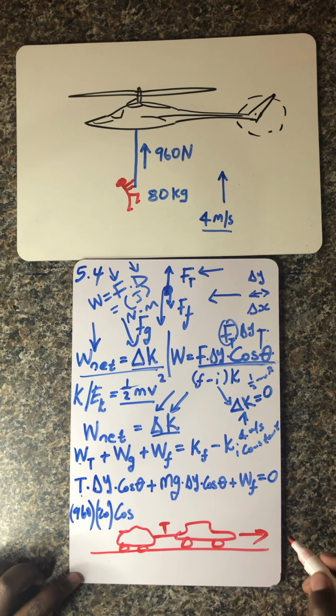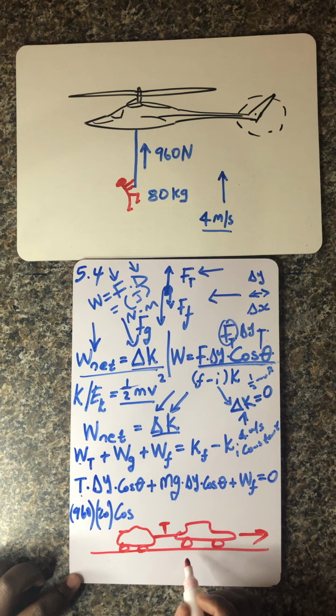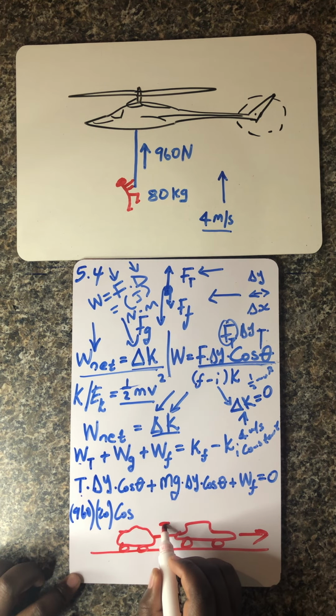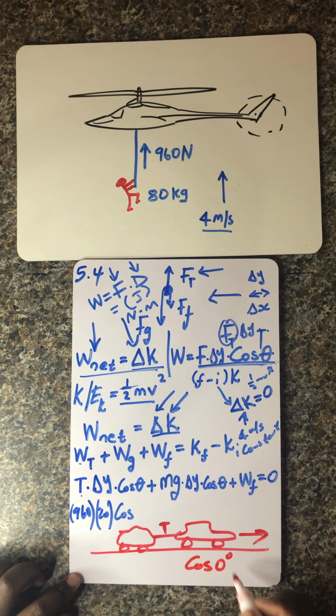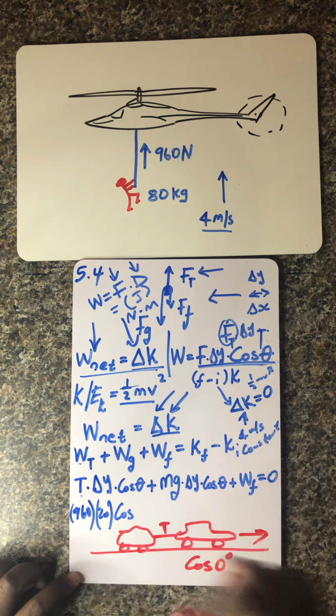right? So that means the force as a result of the tension or any force in that direction, its angle is 0 degrees. Okay, why? Because it's in the same direction in which the force is being applied. Okay, so that means force applied in that direction, then it's cos of 0.